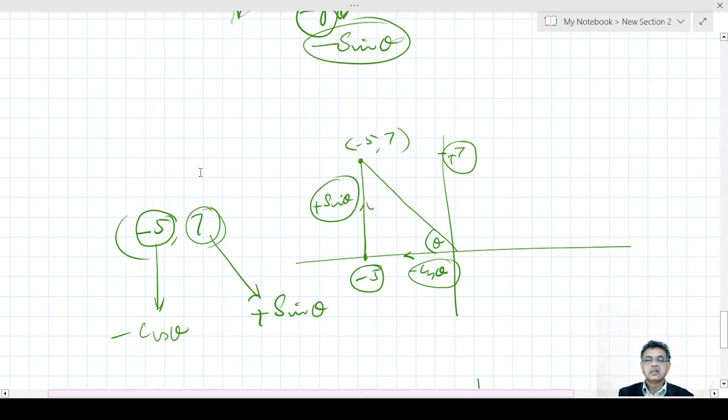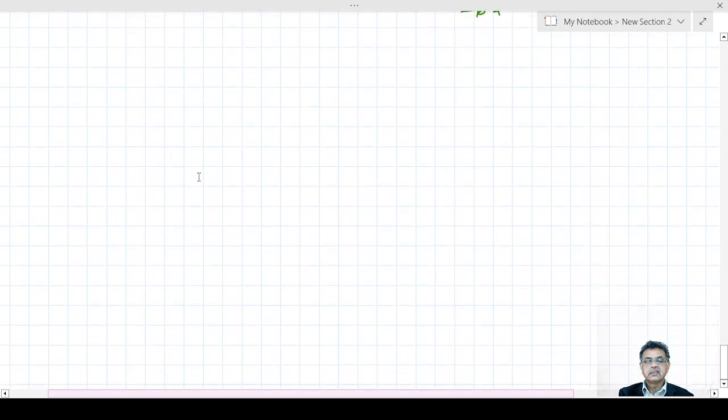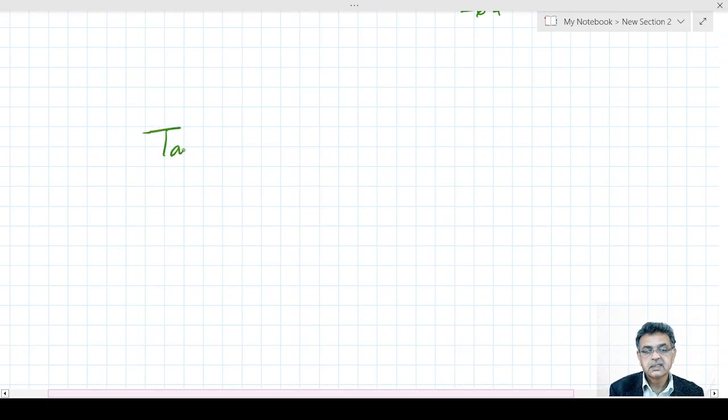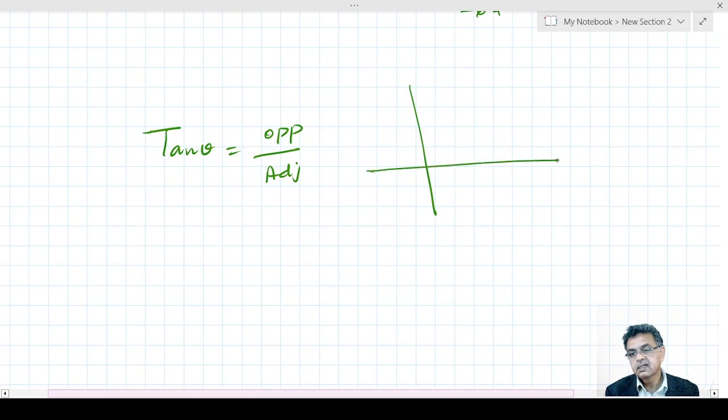Now we will come to tangent theta. Tangent theta, you know, is opposite over adjacent, and on a grid, this is opposite and this is adjacent.